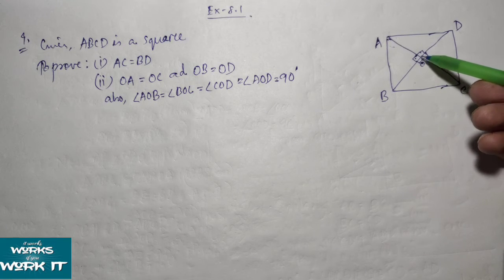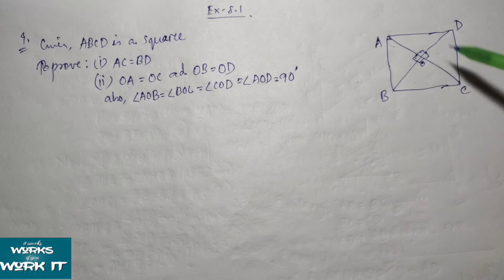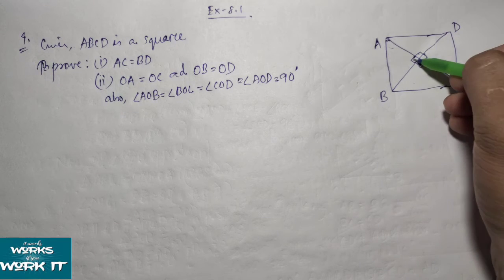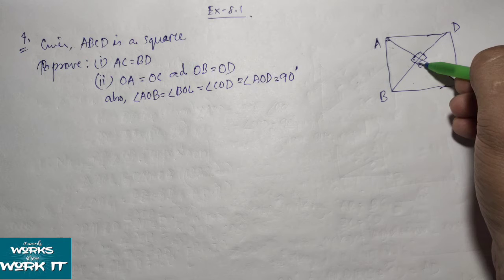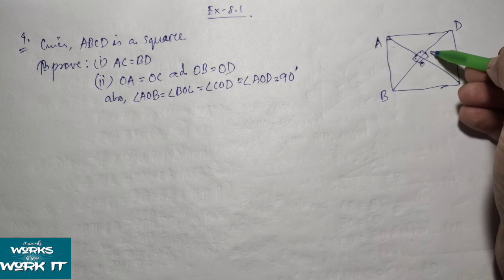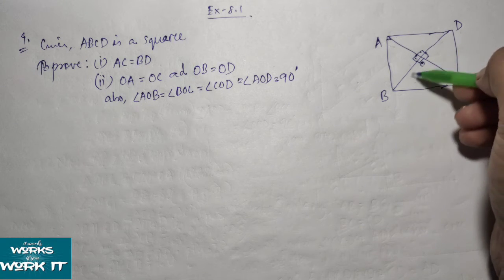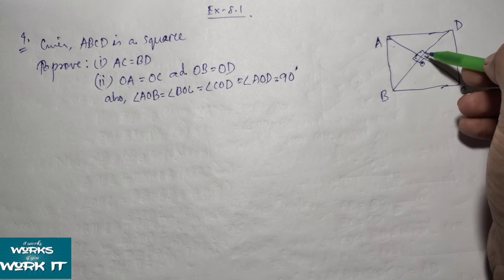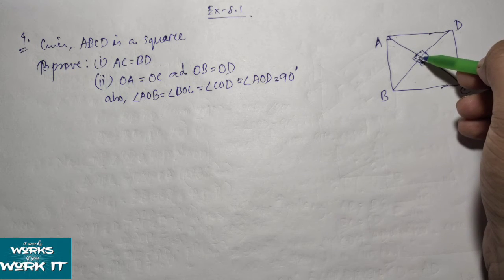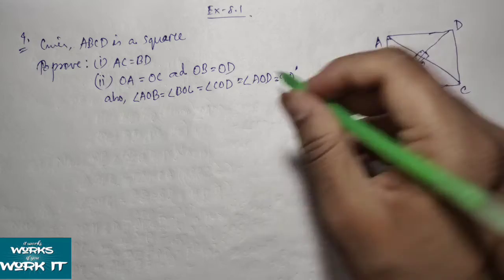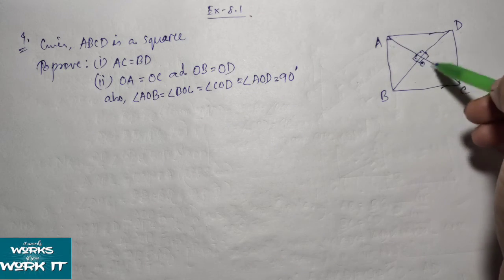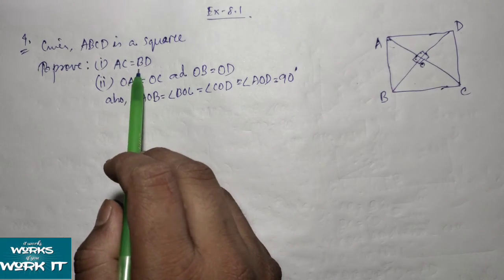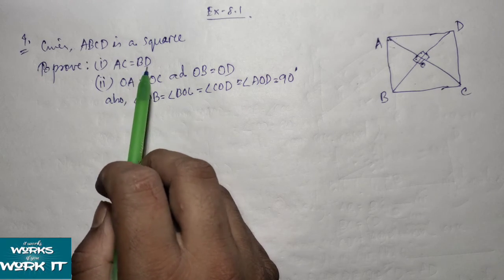Opposite to that, if I take AC as a line segment, it will have 180 degrees, so this one will be 90 degrees as well. Once I have shown any one angle to be 90 degrees, I can write that all are bisecting each other at right angles. So one by one we will find out everything that has been asked in this question.